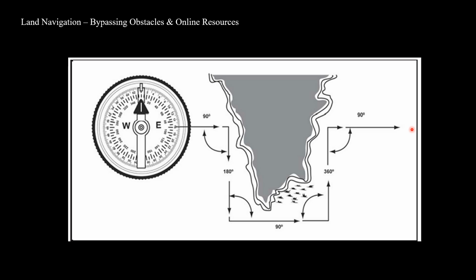Also, you may not be able to see straight across whatever this obstacle is, so that's another reason why it's really important to know what this distance is. Keep nice 90-degree angles, and that way it's a little bit more straightforward. So that's how you go around an obstacle.